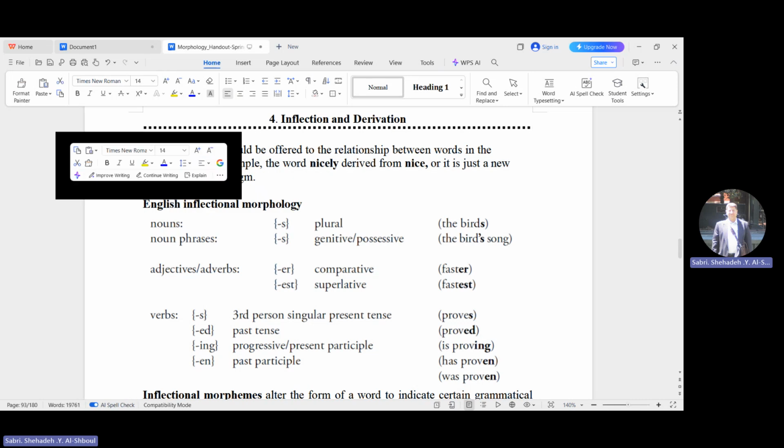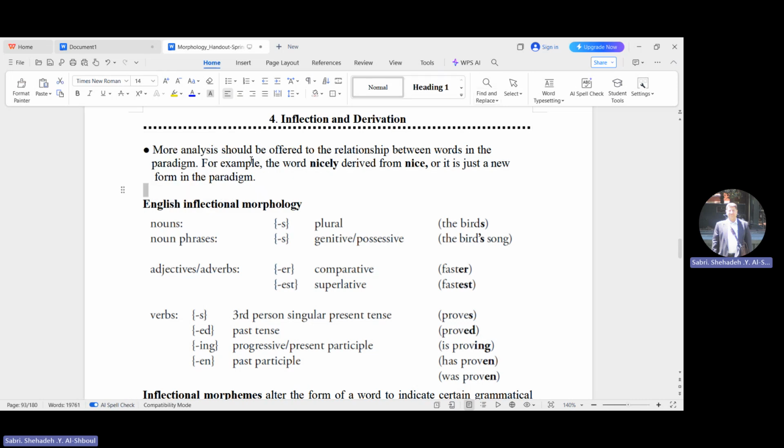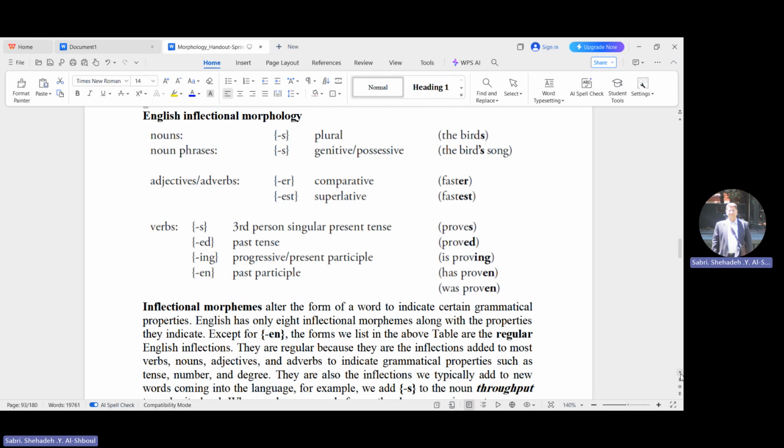So after this brief introduction, we notice that some analysis should be offered on the relationship between words and the paradigm. As we know, the paradigm contains inflectionally related words, like nicely derived from nice. If we look into English inflection and morphology, nouns acquire -s for the number distinction, like the bird, the birds.